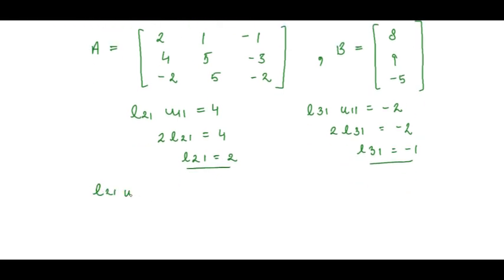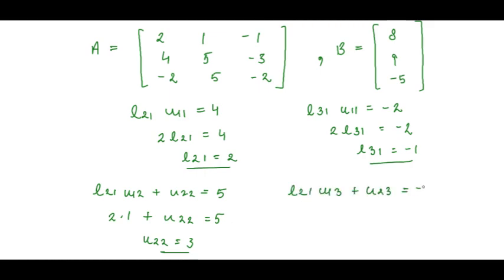Again, comparing the second row of U, we get L21 U12 plus U22 equals 5. Substituting, 2 into 1 plus U22 equals 5, so U22 becomes 3. Next, L21 U13 plus U23 equals minus 3.